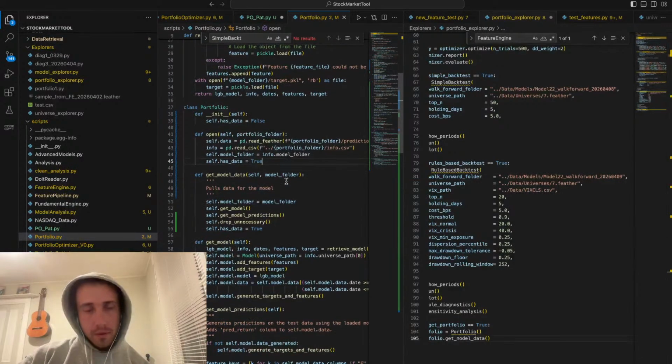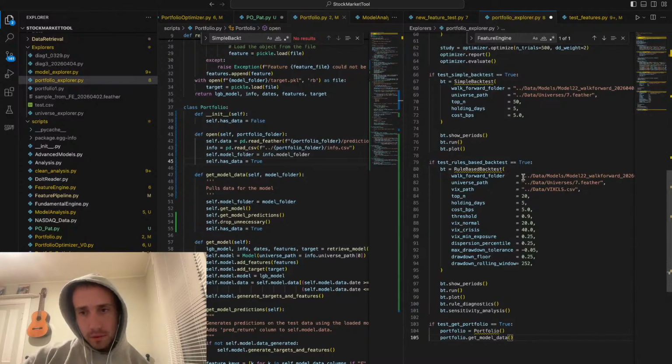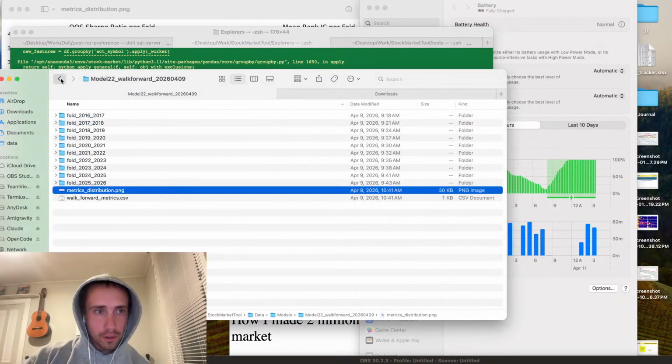Okay. Portfolio dot get model data. Oh, so I don't want that. So let's just go find it.